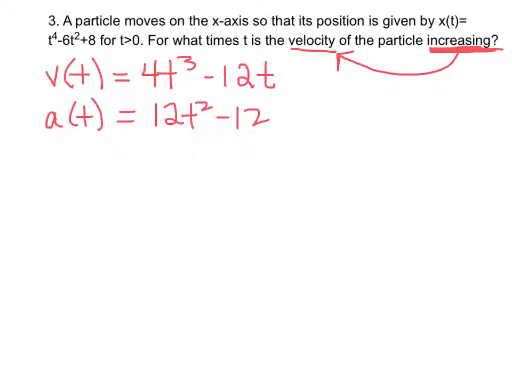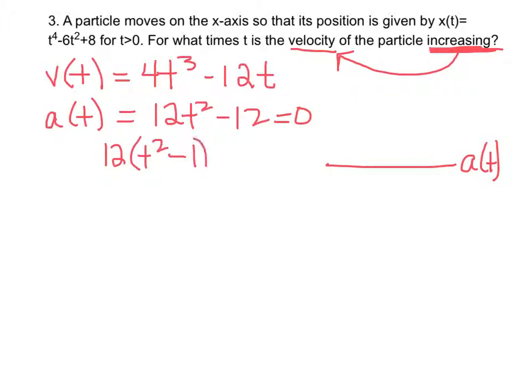And we want to figure out increasing, decreasing, so we're going to want to do a sign chart for the acceleration, which is going to require us, in this case, to set your acceleration equation equal to 0. So I would probably take out a 12, we'll get t squared minus 1, set that equal to 0, and I think that you can see that this is going to be t plus 1, t minus 1.